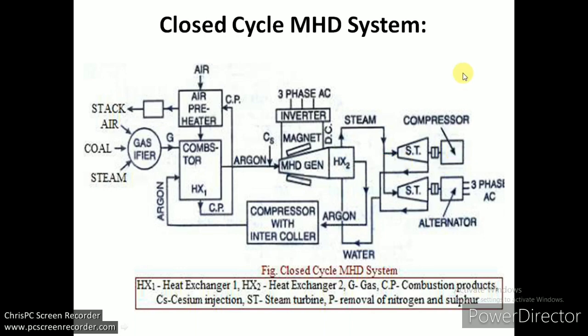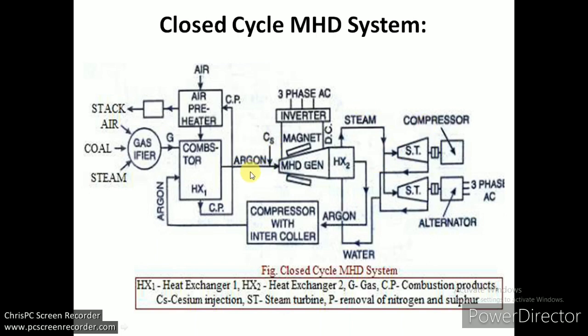is not going to diffuse in the surrounding. It is utilized again in this closed circuit, and we can say it is recycled again and again. So this is the only difference between closed cycle and open cycle energy systems. Because in open cycle, once the working fluid produces power, it is released to the surrounding.